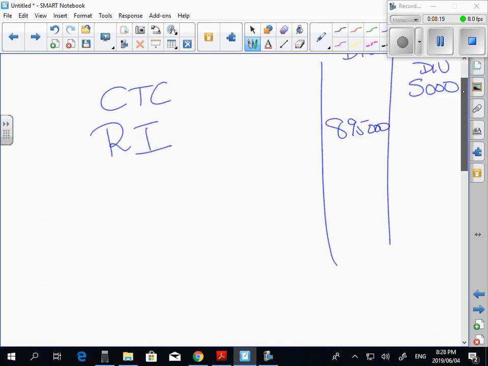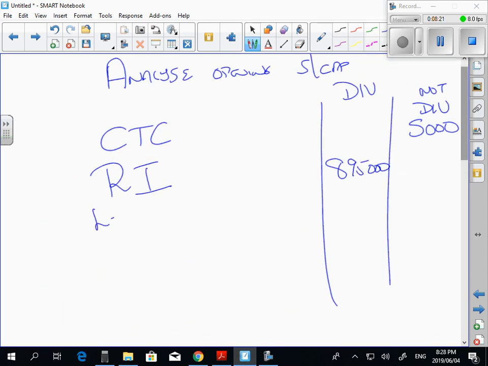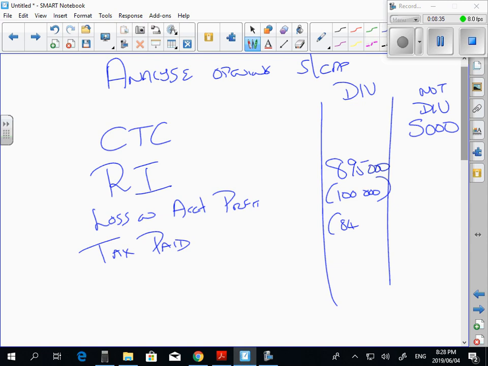So guys, taking those two numbers up into the table, I'm going to have a loss on accounting profit, which is minus 100,000. And I'm also going to have tax paid of 84,000. Are you guys comfortable with that?